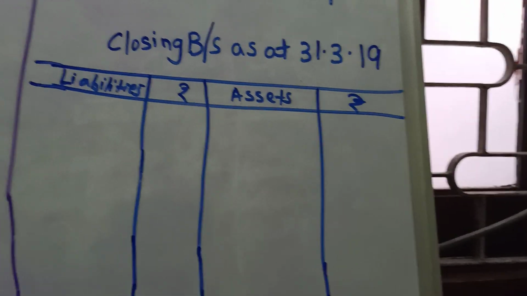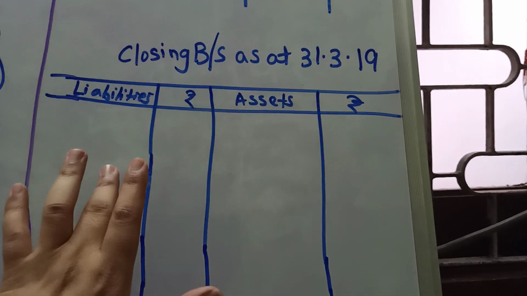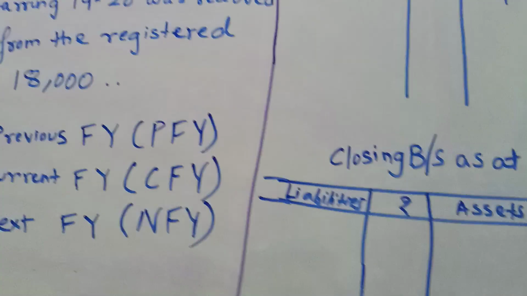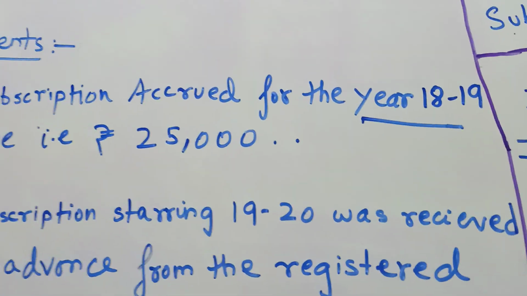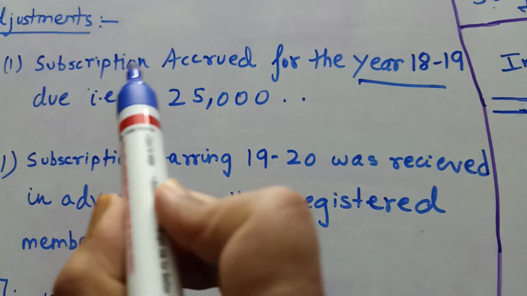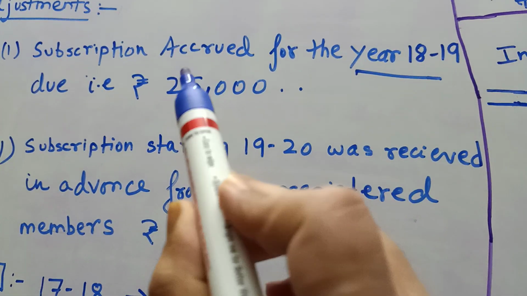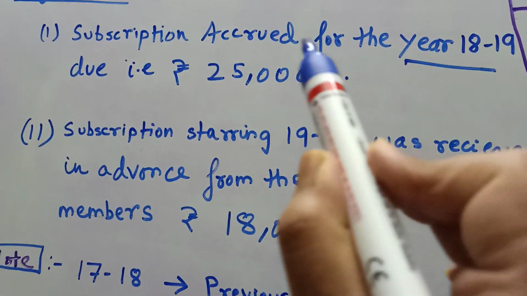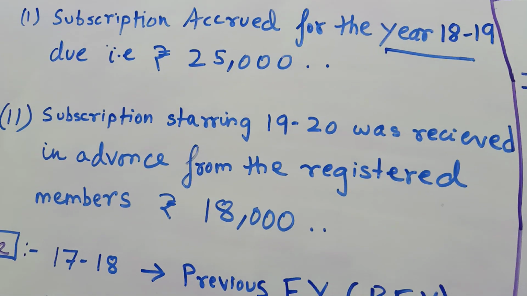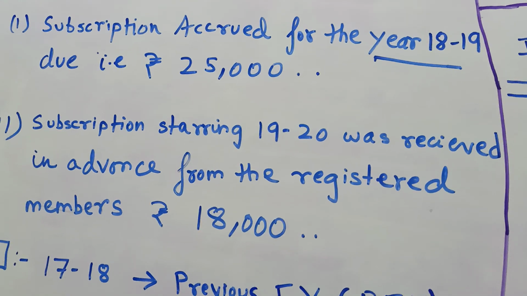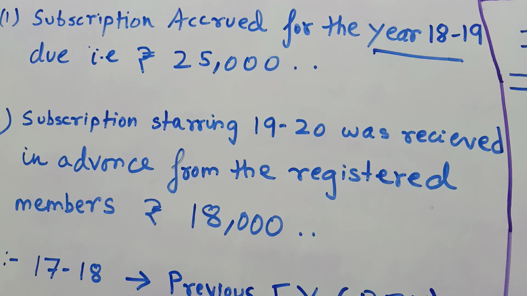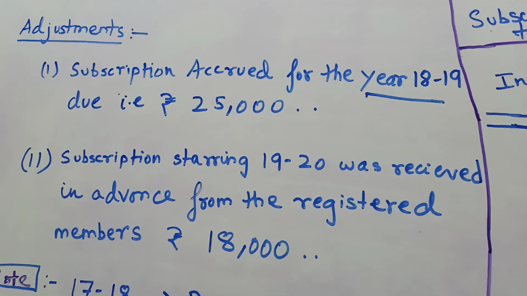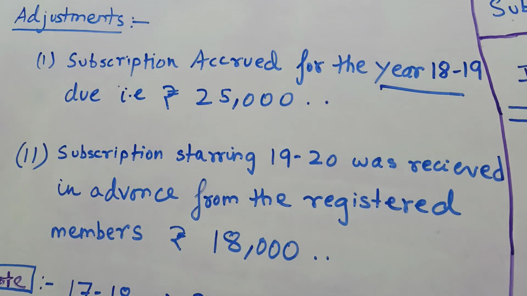Now as you can see that there are two items that require their place in the closing balance sheet. The first item is this 25,000 that has been earned in the current financial year but not received. Hence this becomes receivable. As I said, when anything is receivable, you can treat it as something that is sort of a debtors. Now if you consider it from the trading point of view, anything that was receivable from sales was treated as debtors.